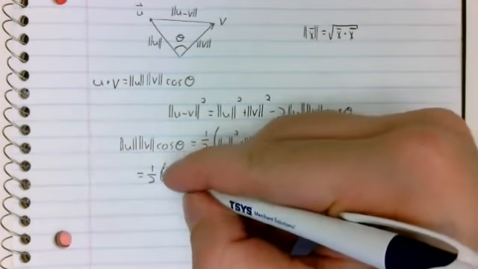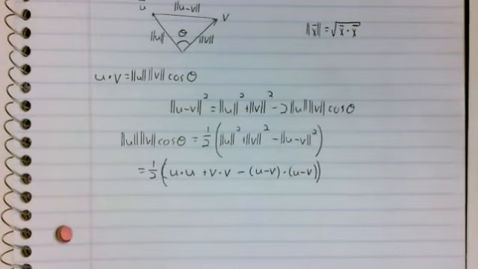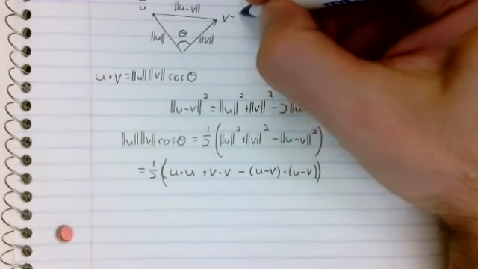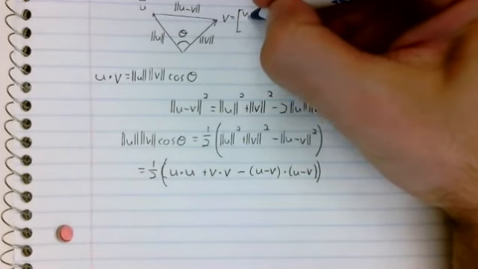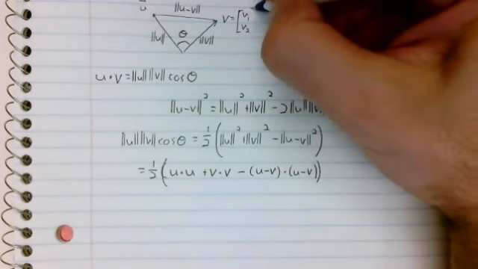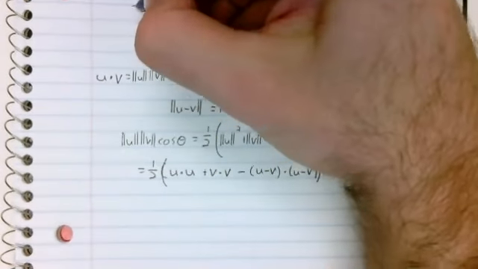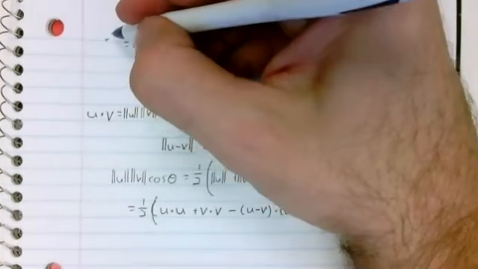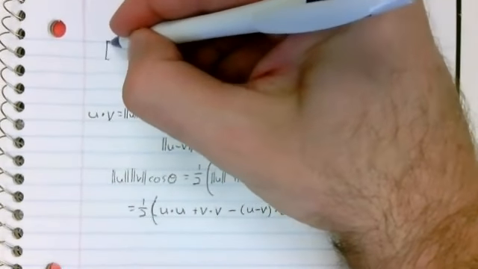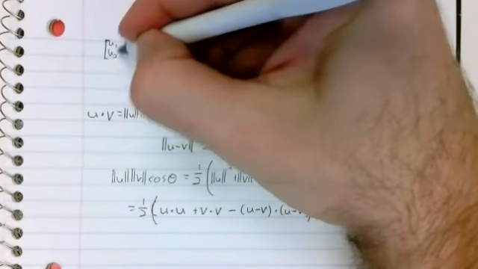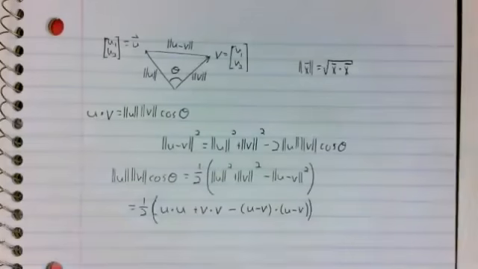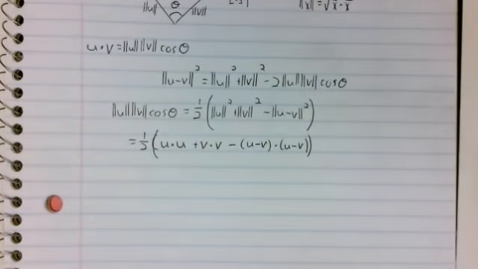To actually compute these dot products, let's call this v, v1, v2, and this u, u1, u2.